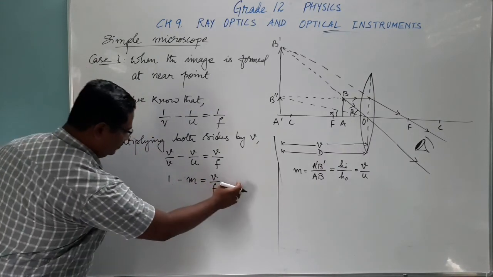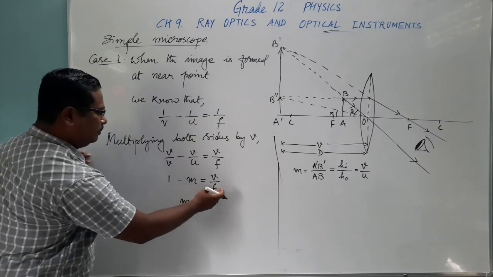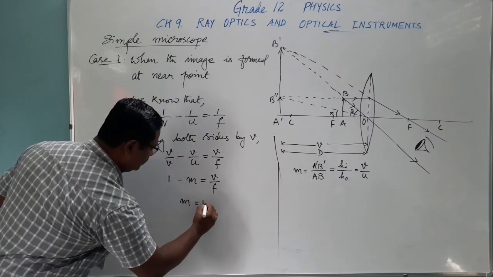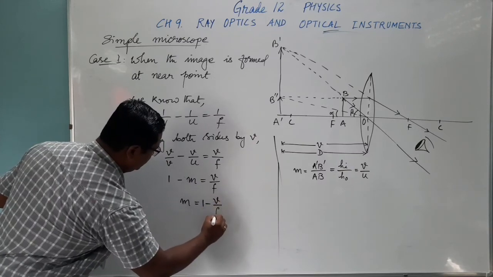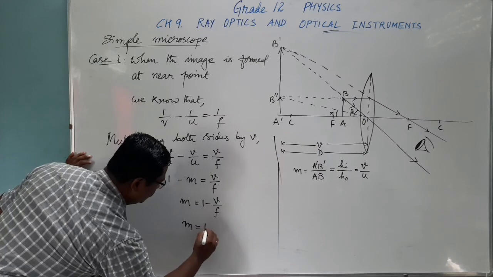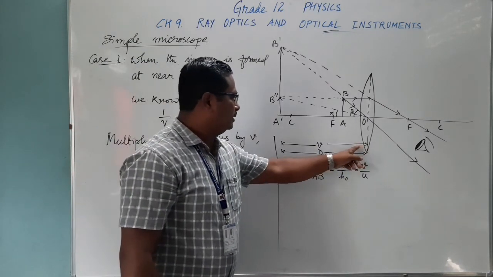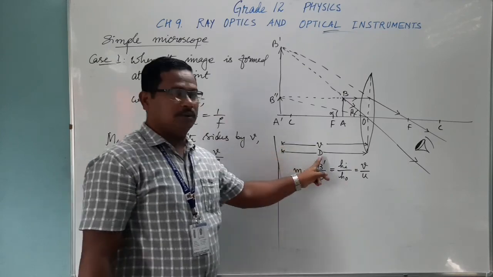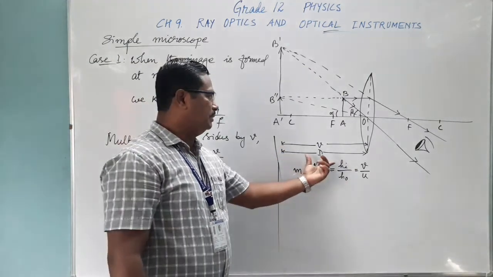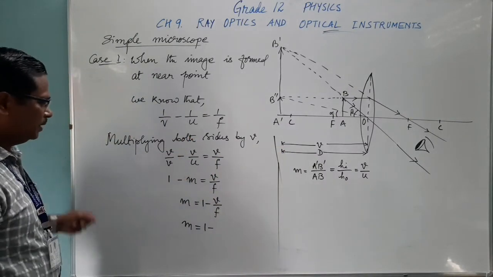So if you bring this side, M is equal to 1 minus V by F. So M is equal to 1 minus the value of V, which you can see in the diagram is equal to D. That is the least distance of distinct vision, towards the left hand side of our lens.